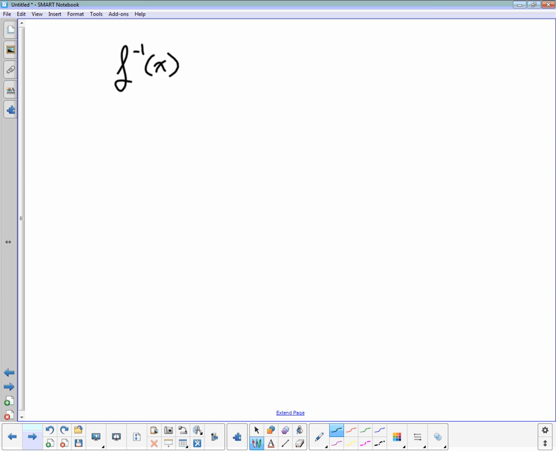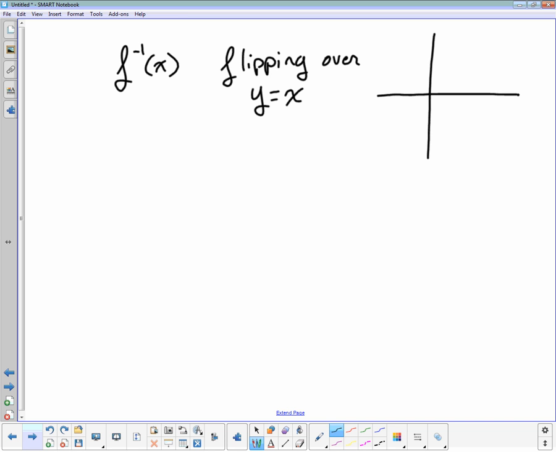This is effectively, so what was the dotted red line is now the solid blue line.